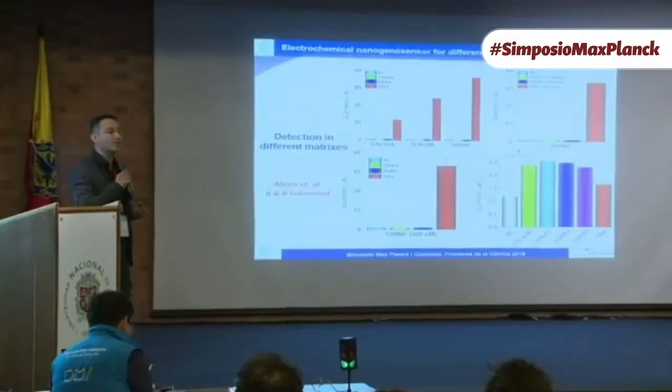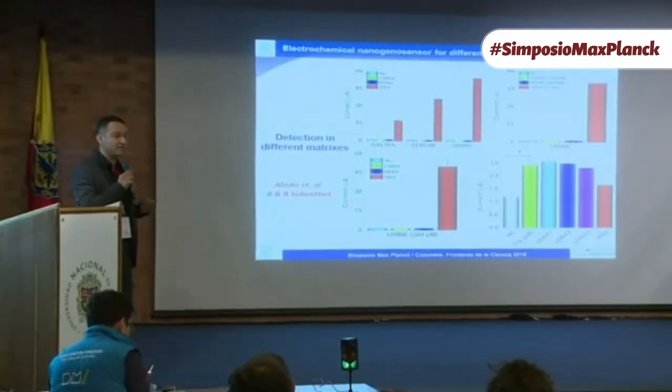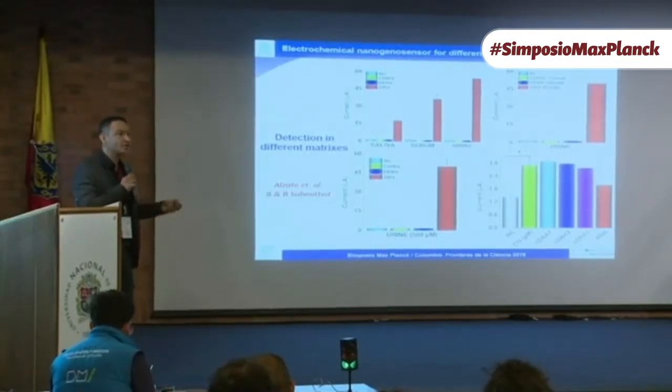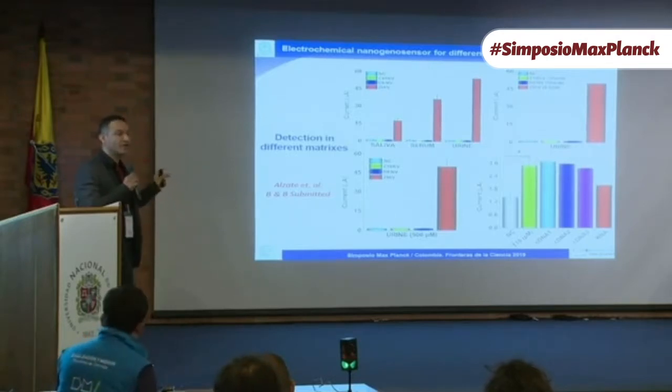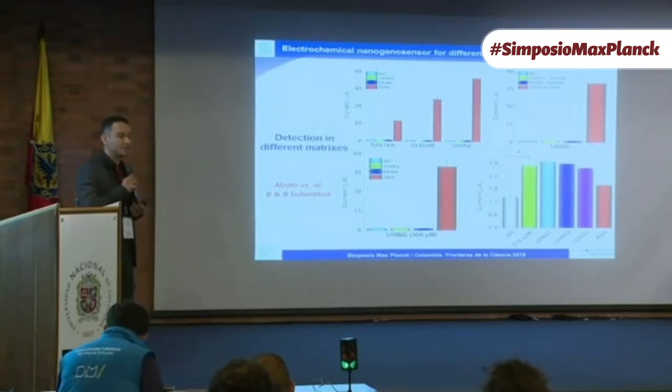So this biosensor format is really promising. However, if you see here, the level of concentration is in the order of picomolar, and when we have an infected patient, the viral loading is in the order of femtomolar, so we need to keep working on improving the sensitivity of the genosensor and also lowering the detection limits.